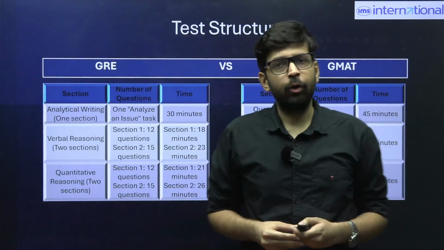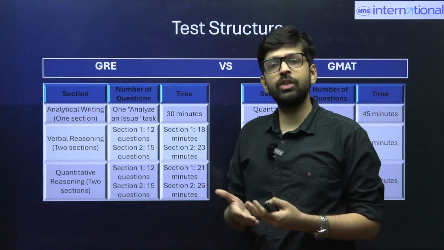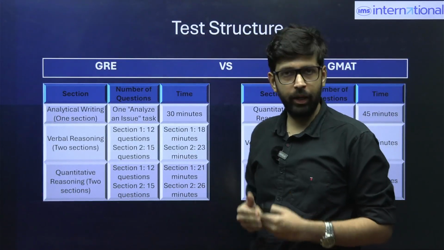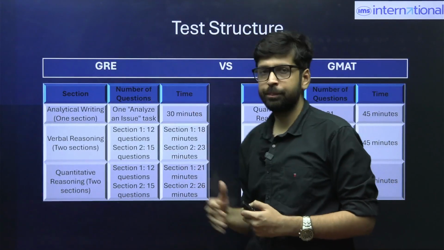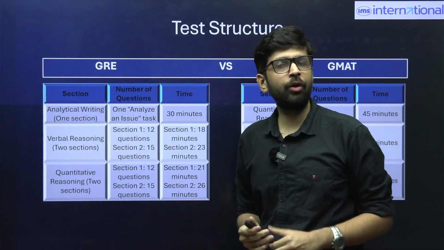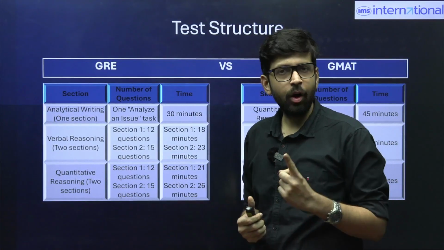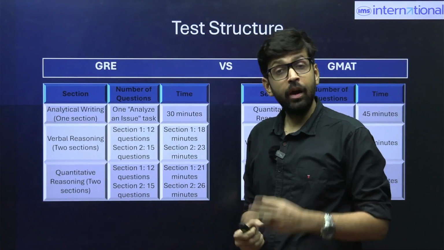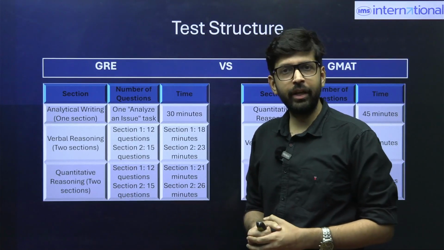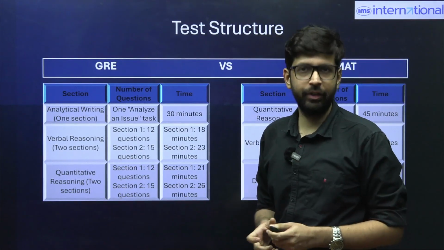Okay, now let's have a look at the test structure. How do these two tests look? In GRE, you will find a total of 5 sections: 1 of analytical writing, 2 of verbal reasoning, and 2 of quantitative reasoning.